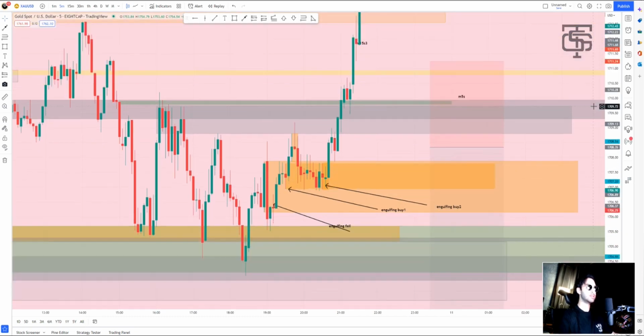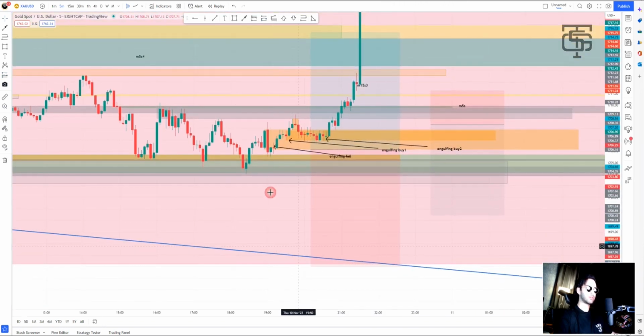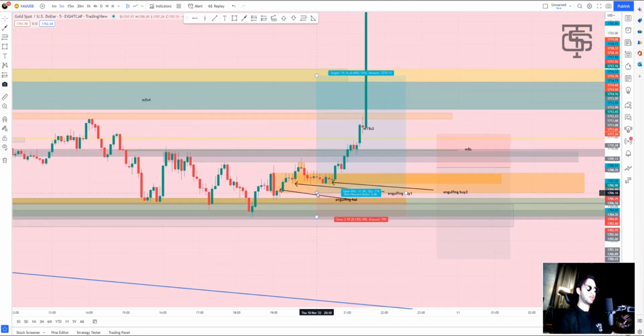As soon as this setup was formed, this is my setup. It will be something like this. Stops would be roughly 20 pips. That's my confirmation, and take profit would have been somewhere around there.